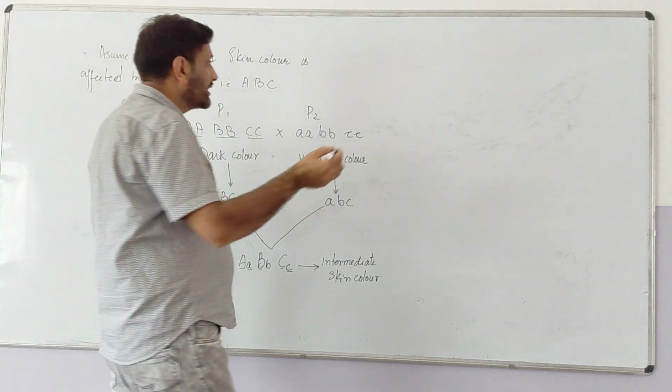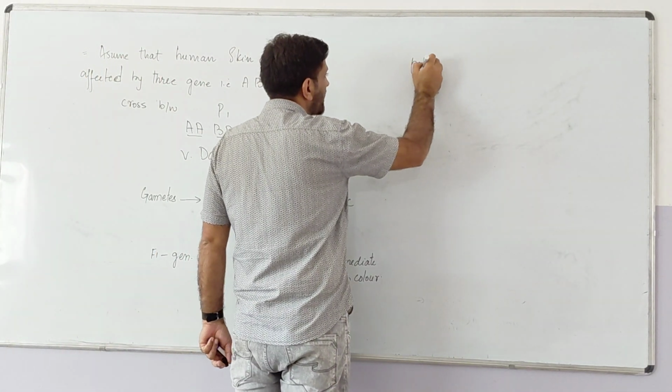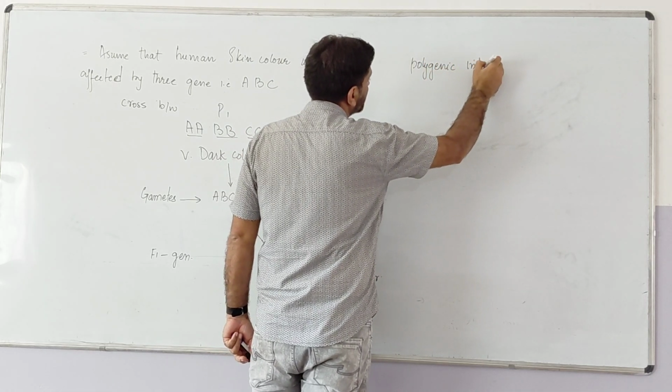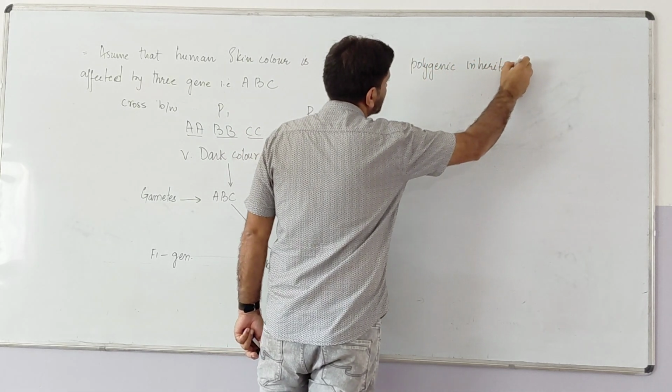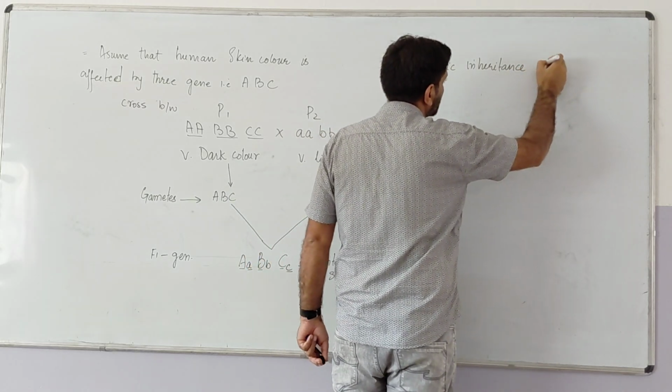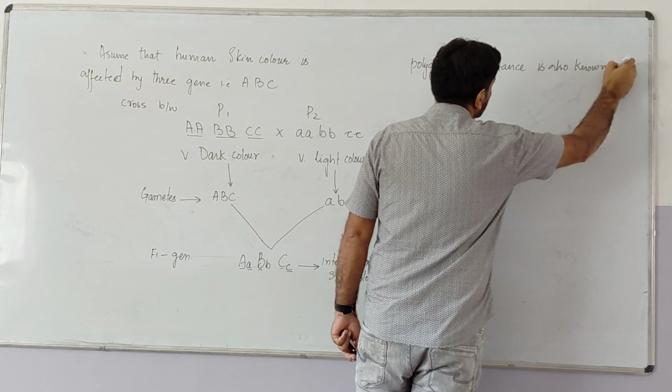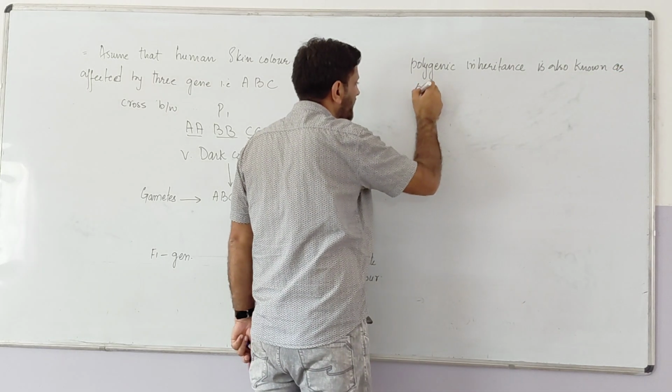So we can say that polygenic inheritance is also known as quantitative inheritance.